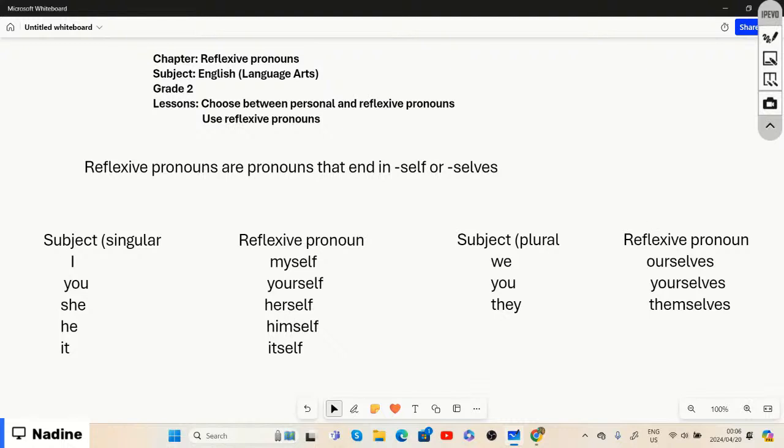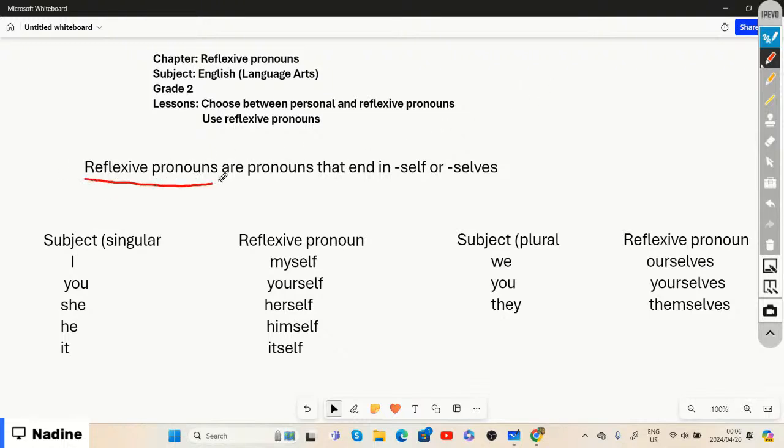So when it comes to reflexive pronouns, reflexive pronouns are pronouns that either end in self or end in selves.